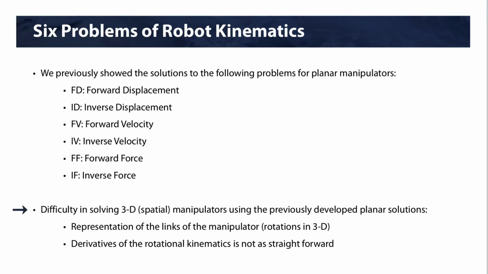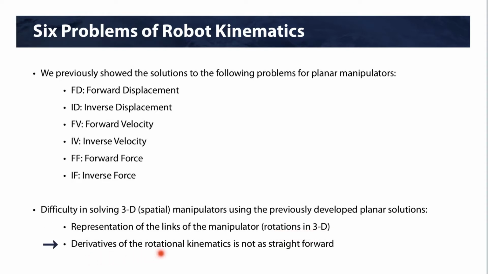These previously developed planar solutions can be difficult to use to solve for the spatial robot case. There are issues around the representation of the links of the manipulator because we have these rotations in 3D.